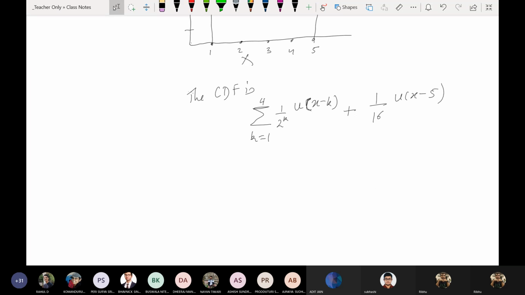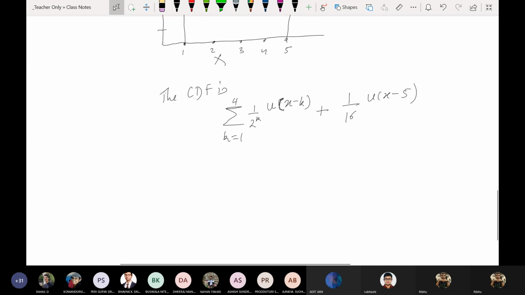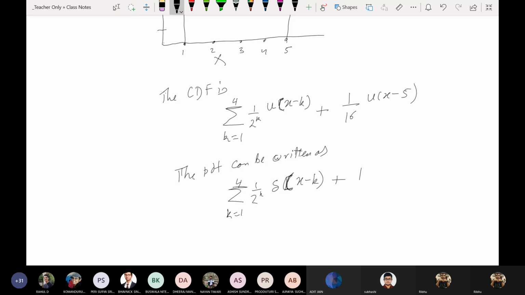Differentiating this, since I know that the derivative of the unit step is the Dirac delta, the PDF can be written as summation of 1 upon 2 to the power k times delta of x minus k, plus 1 upon 16 delta of x minus 5.